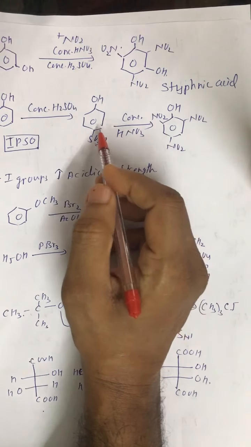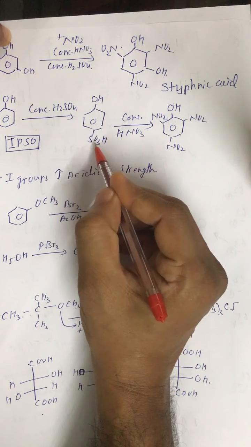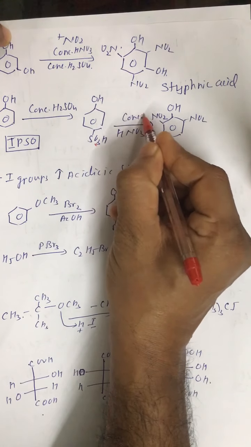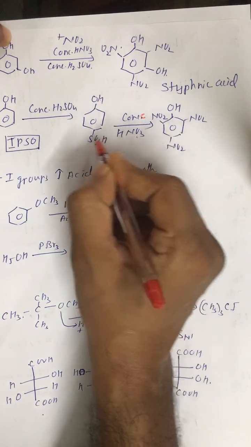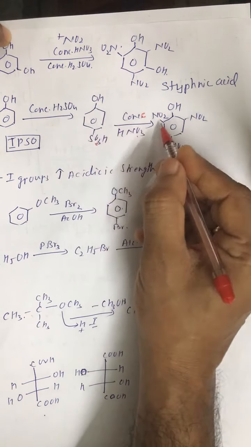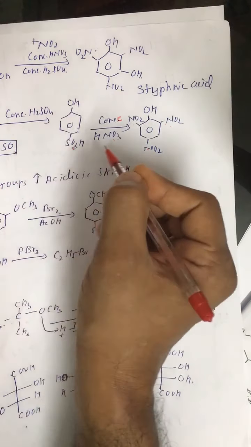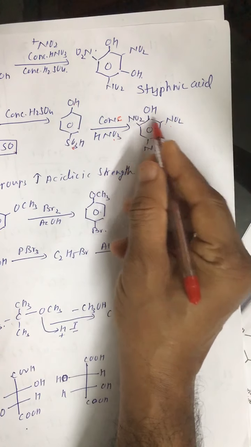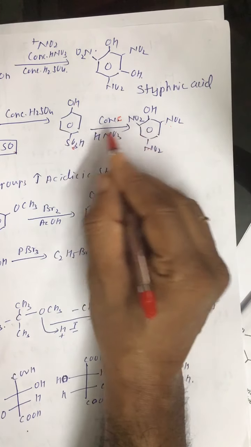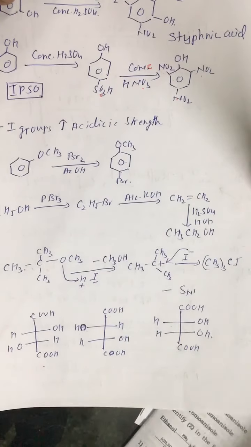We have already discussed many times, if we have OH or NH2 and at the para position we have CHO or SO3H, and then it is treated with concentrated HNO3 or bromination etc., this SO3H or CHO part is knocked out by the incoming electrophile. This is very important, and this is called ipso attack. So you must remember this particular conversion. Now question number 68, the correct answer is the first option.